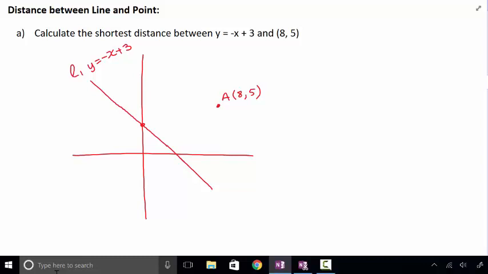It's getting shorter, getting shorter, shortest.